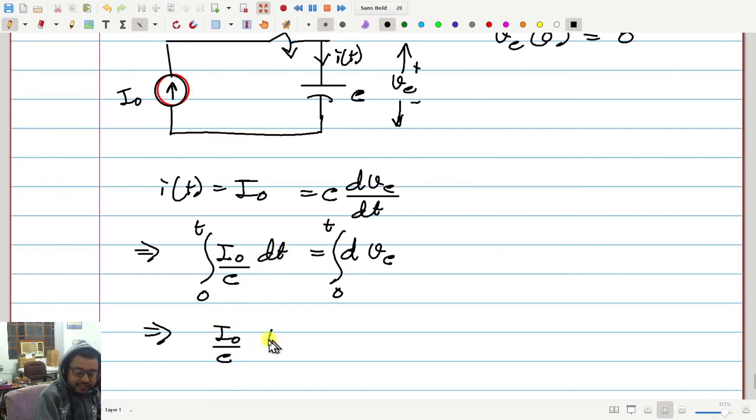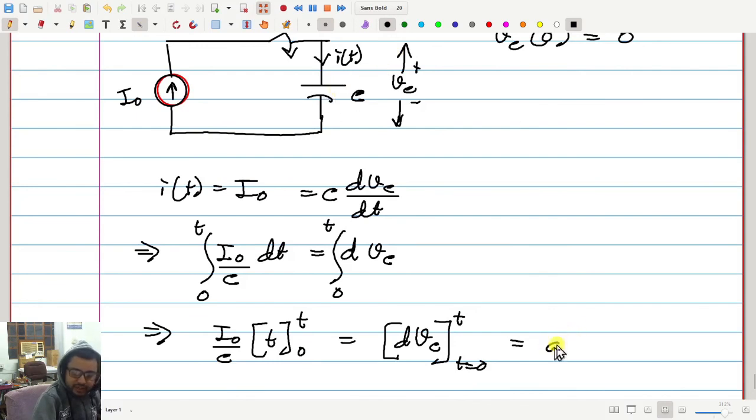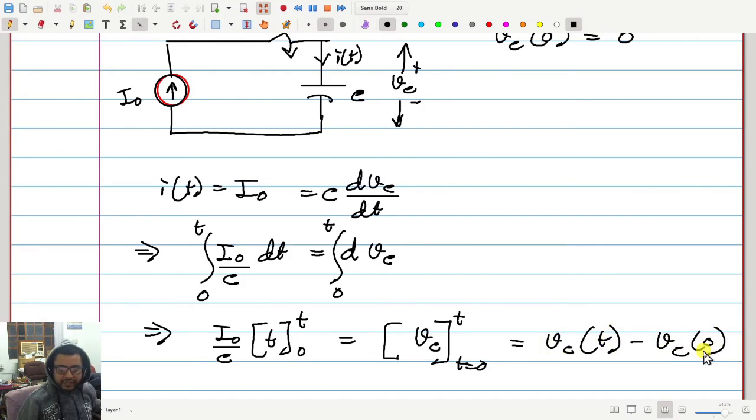Integration of dt is t, and the right side will be Vc at t minus Vc at 0. The voltage is equal to 0 at time 0, as we have already seen. And we are done.